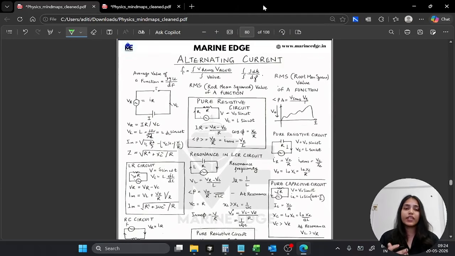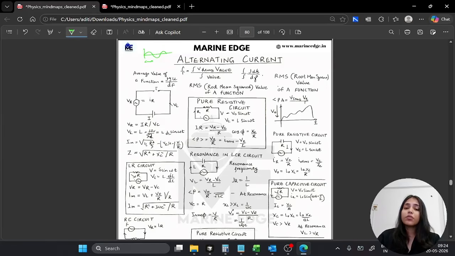So, when we talk about alternating current, the source voltage of the current that we are getting is of a sinusoidal nature. Okay. So, voltage increases and decreases. So whenever we talk about alternating current, any average voltage or RMS voltage is always calculated across a half wave, right? Because if we take a full wave, it will turn out to be 0.